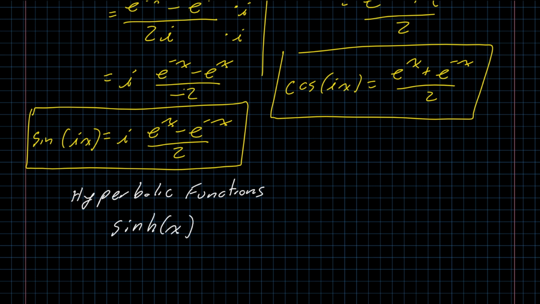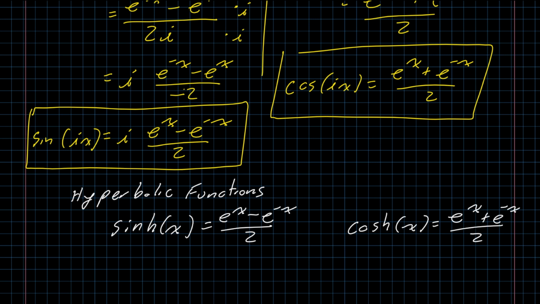Hyperbolic sine, sometimes called sinh, is going to be e to the x minus e to the minus x over 2. And hyperbolic cosine, sometimes pronounced cosh, is going to be e to the x plus e to the minus x over 2.